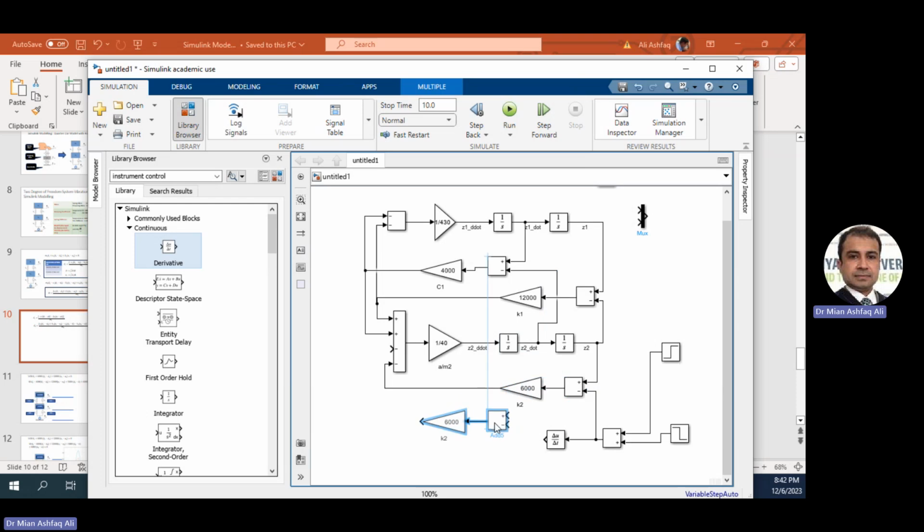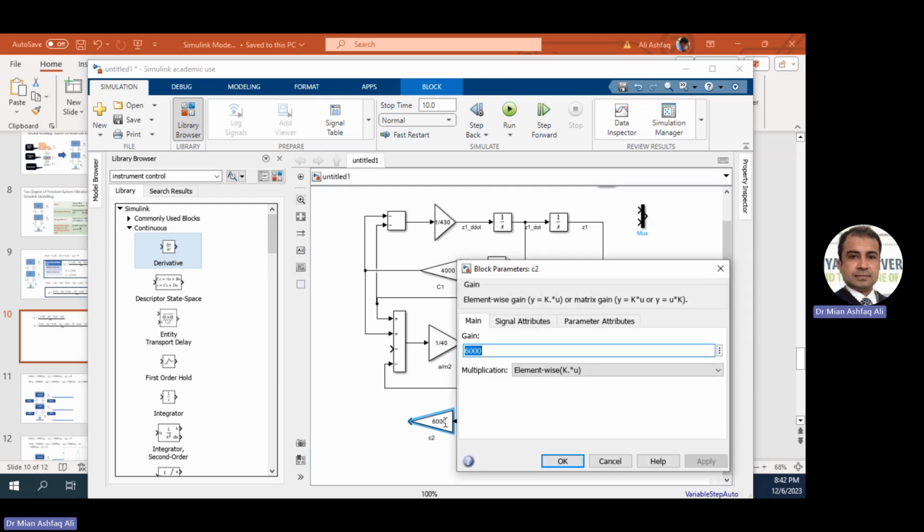the same technique in order to get the velocity of Z2 minus this derivative, which is actually the velocity of this road profile, multiply this with C2, and the value of C2 is 3,000.